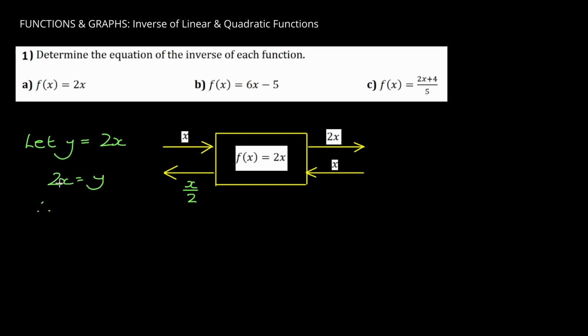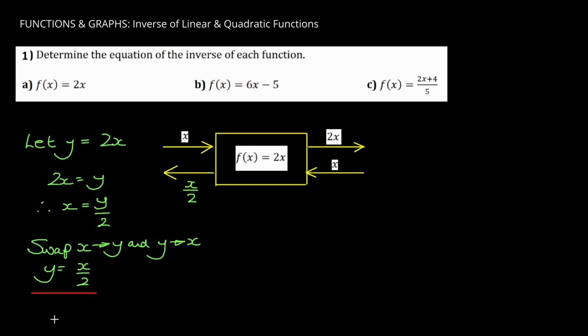And therefore, if I divide through by 2, I will get x is equal to y over 2. Now we swap x for y and y for x. And we get y is equal to x over 2. And that, because we've swapped the x's and y's round, is the inverse function.